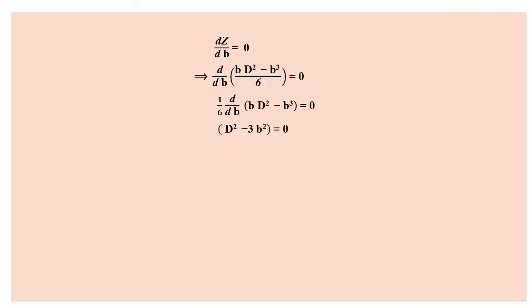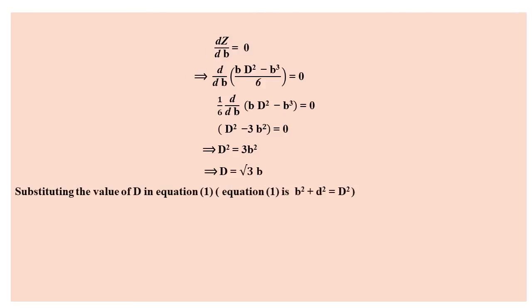Capital D square minus 3B square equal to 0. It implies capital D square equal to 3B square. It implies capital D equal to root 3 B. Substituting the value of capital D in equation 1, we get B square plus d square equal to root 3 B whole square.